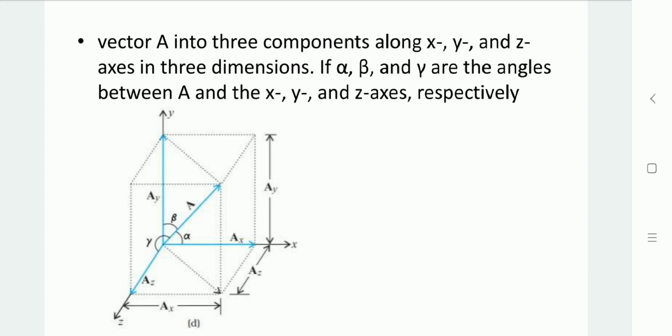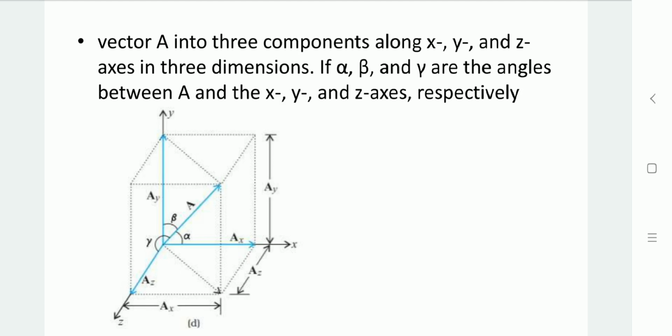Vector A makes angle alpha with reference to the x coordinate, angle beta with reference to the y coordinate, and angle gamma with reference to the z coordinate. So A_x, if we are defining in terms of cos, cos alpha equal to what? A_x by A. So A_x equal to A cos alpha.